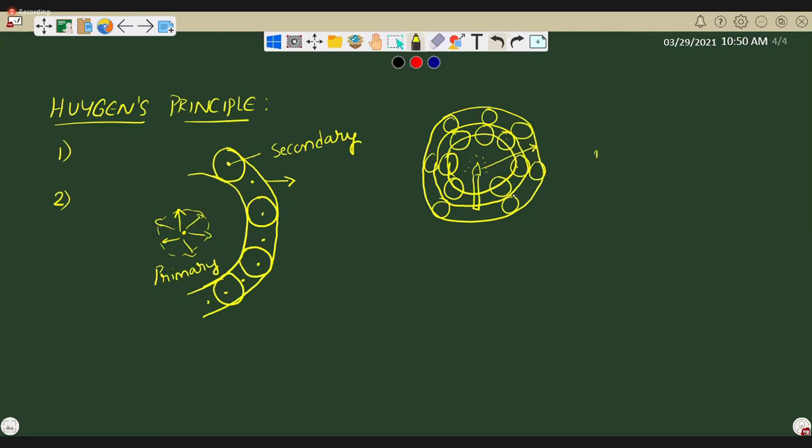That's why we say Newton's law of gravity, not Newton's theory of gravity. Clear? Now, in your 10th standard, you have studied reflection and refraction, isn't it? Law of reflection, law of refraction.